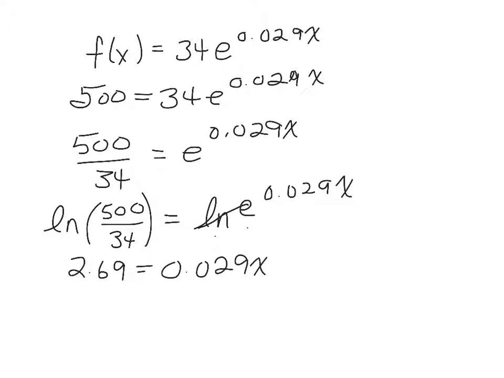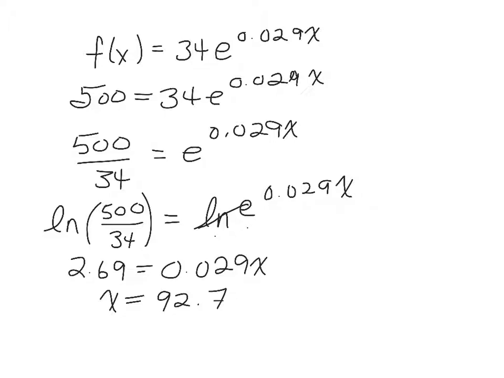So our last step is going to be to divide each side by 0.029. So let's do that. And we find that x is going to be equal to 92.7 if we round to one decimal.